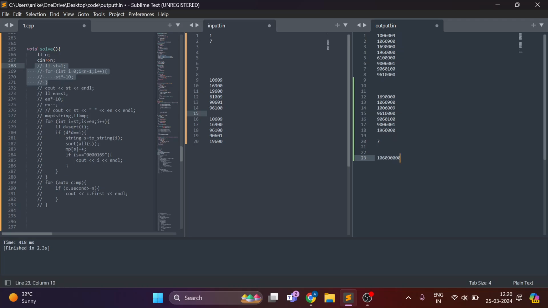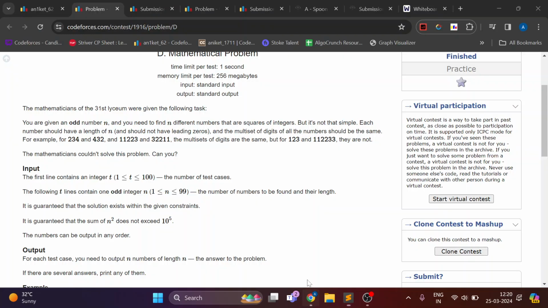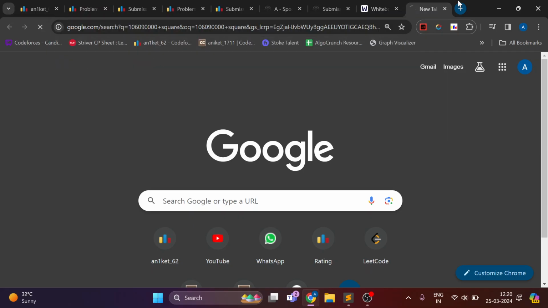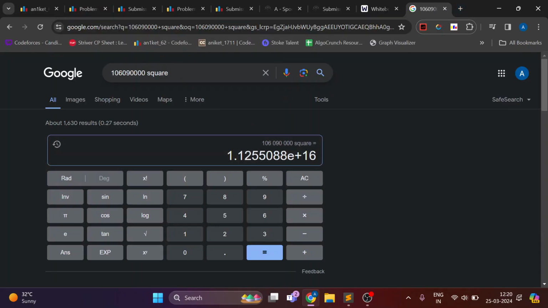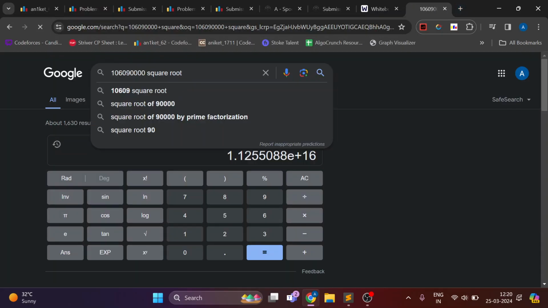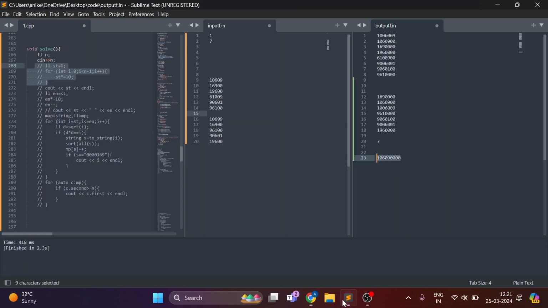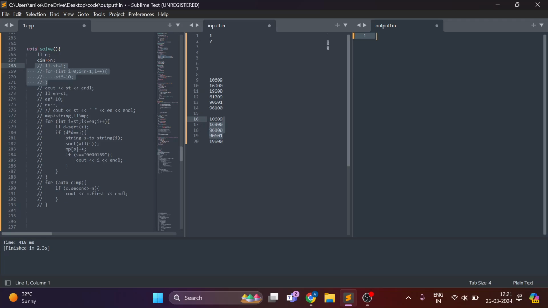So what I did was I just copy pasted this on Google and checked if there exists a square root which is perfect. So I found this answer also. So after that I assume I got what we can say a brute force proof that this type of solution works.